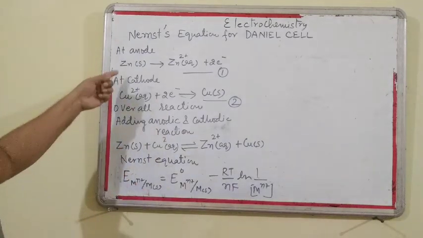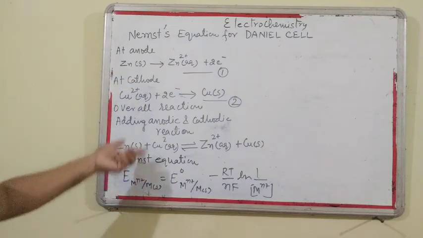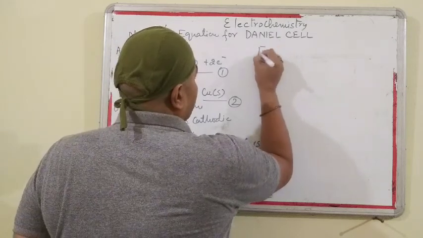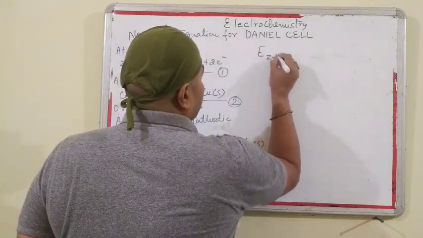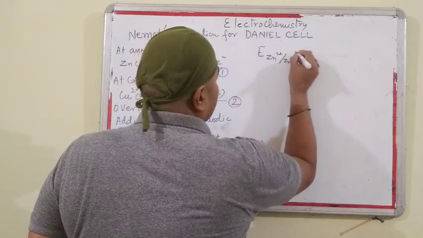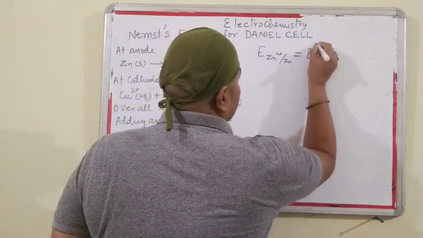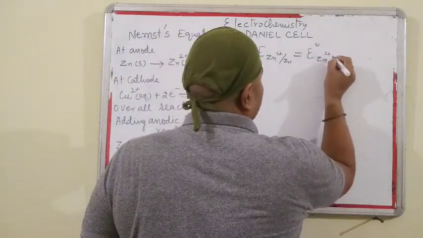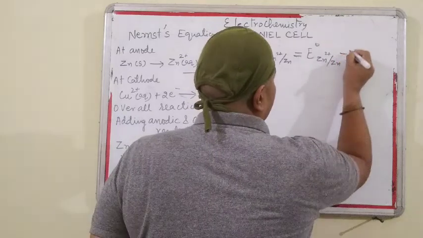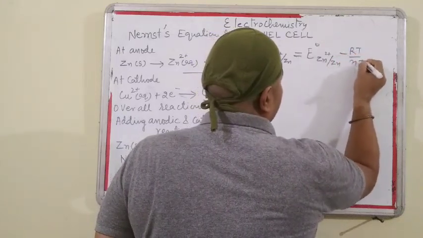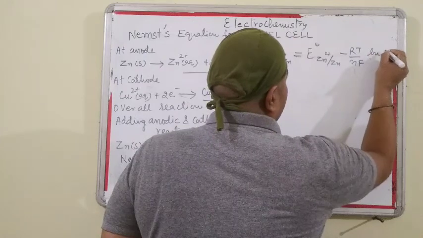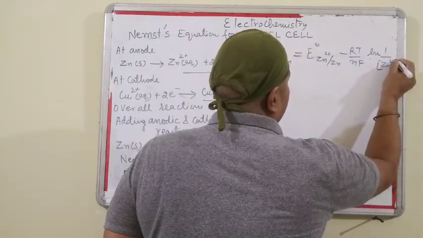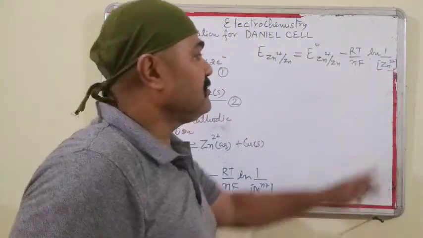First I am going to write the Nernst equation for the zinc half cell: E(Zn2+/Zn) = E0, the standard electrode potential of the zinc half cell, minus RT upon nF, natural log of 1 upon [Zn2+], the molar concentration of the zinc ion.